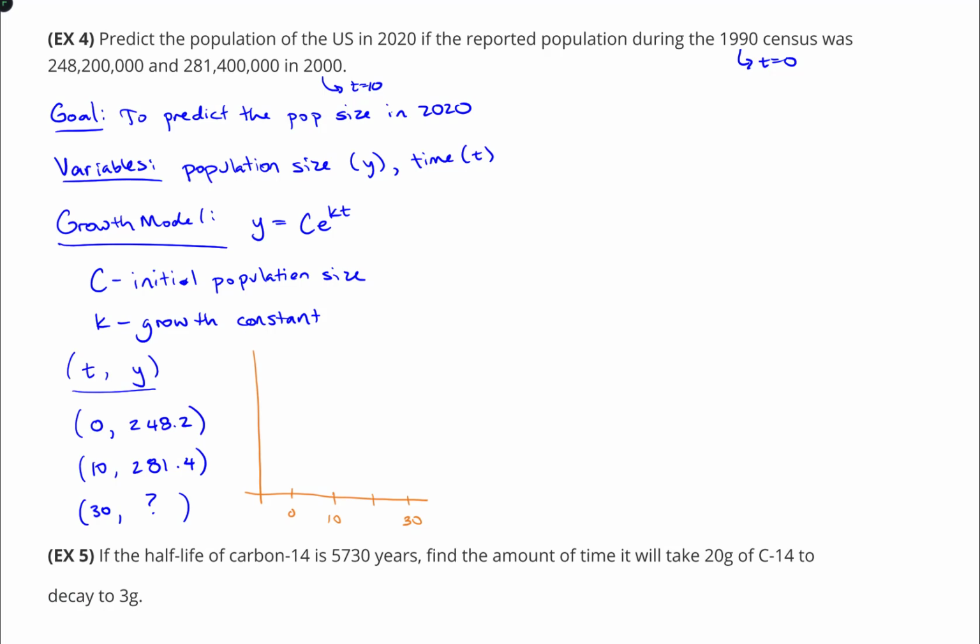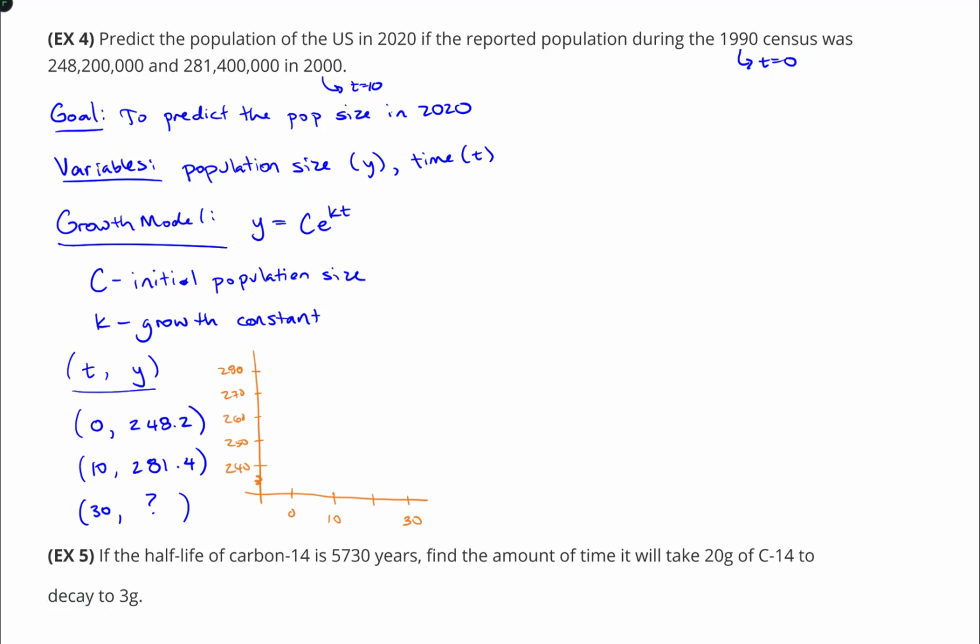Okay, and let's see, how can I break this down easily? Let's just say 240, 250, 260, 270, and 280. That'll work fine. And then that's a bit of a broken scale there.